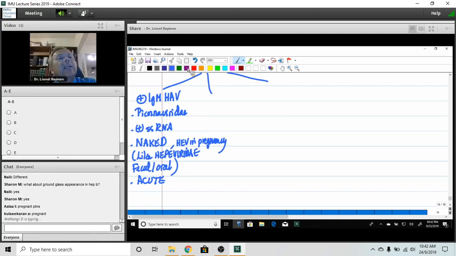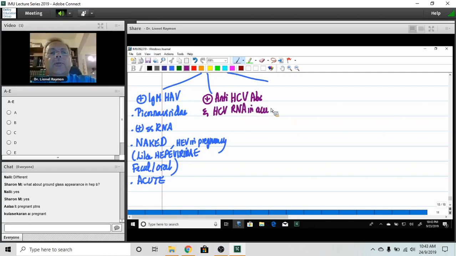Now, your other serology could very much be positive for anti-HCV antibodies, and possibly otherwise you have HCV RNA in the acute infection that you could measure with PCR type of technology.